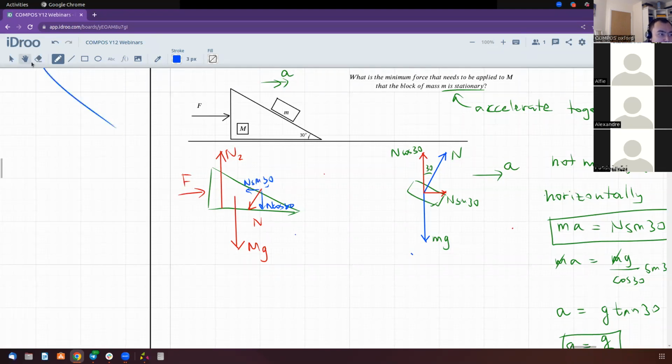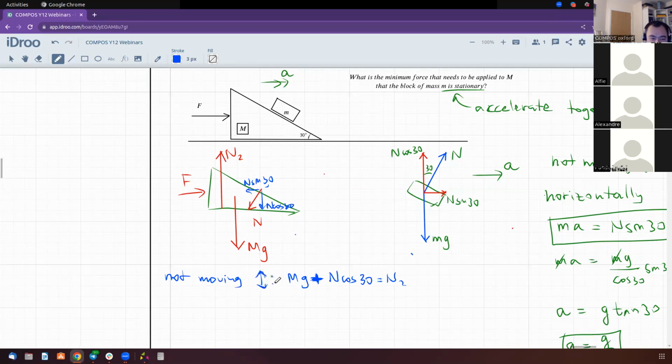So it's not moving up or down, again, not moving up or down. And that means N2 is equal to mg plus N cos 30. But this information is pretty useless to us, like honestly.